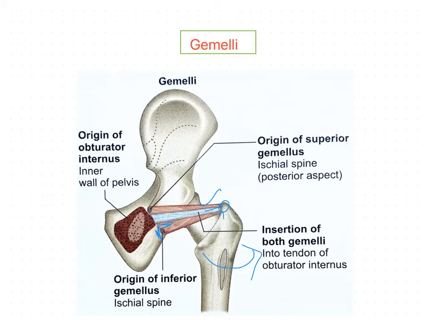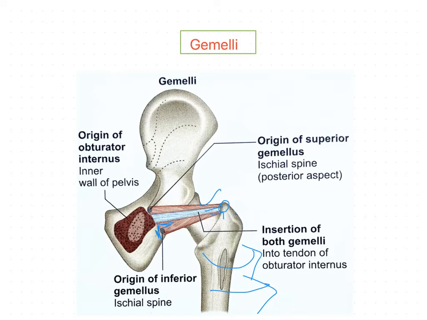It is supplied by the nerve to quadratus femoris, and it also helps in the lateral rotation of the thigh.